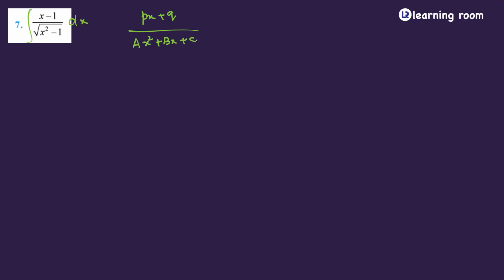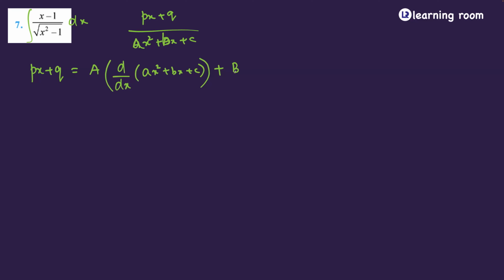So what are we supposed to do here? You will write px plus q is equal to small a into d by dx of ax square plus bx plus c, plus capital B.